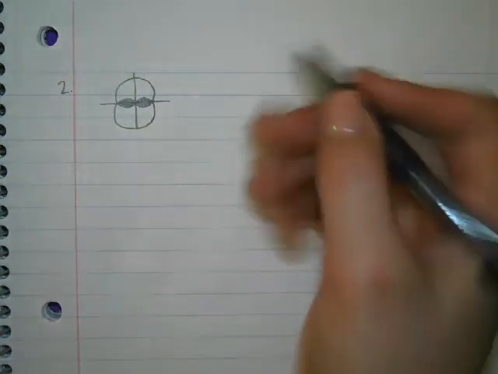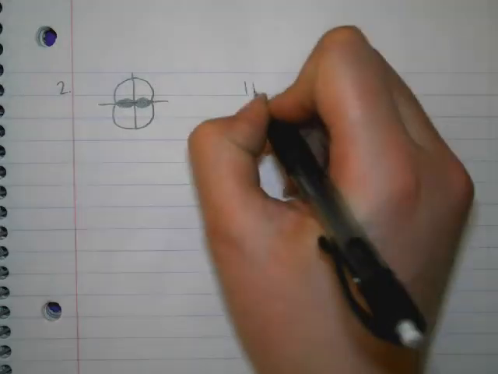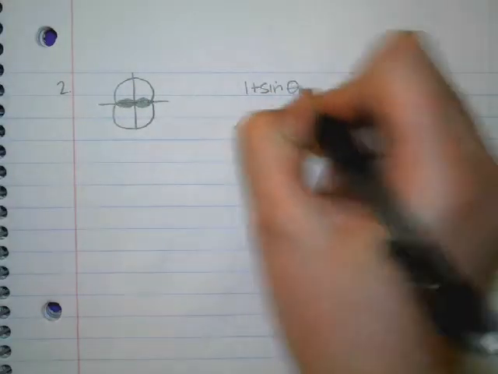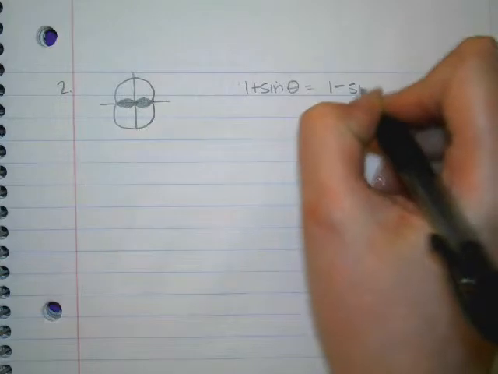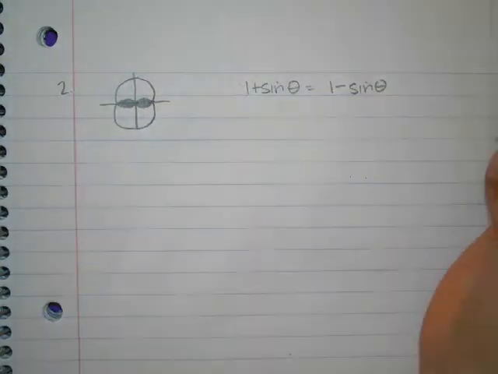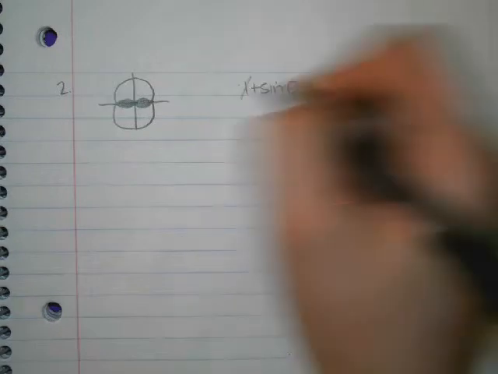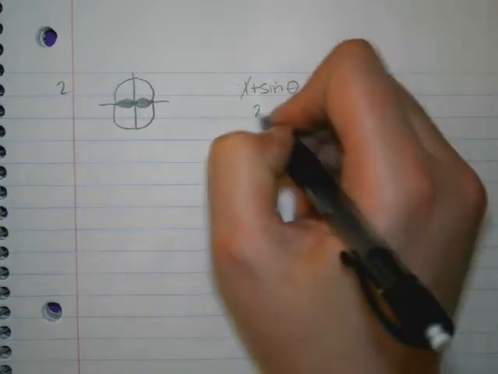Set them equal to each other. So we have 1 plus sine equals 1 minus sine. And then what do we do? So the 1's cancel, and we can get the sines to one side.